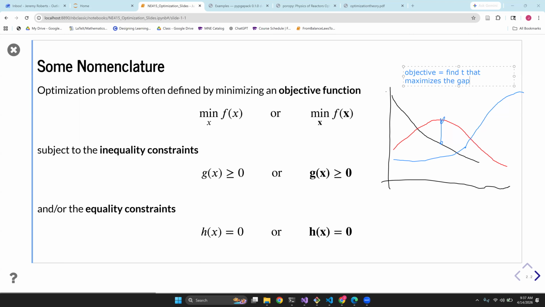If my unknown here were T and I needed it to be less than 1,000, can I write it in this form? If you look at the inequality constraint, it looks like a greater than or equal. But we also need a time greater than 0. So we can definitely have T greater than or equal to 0, right?